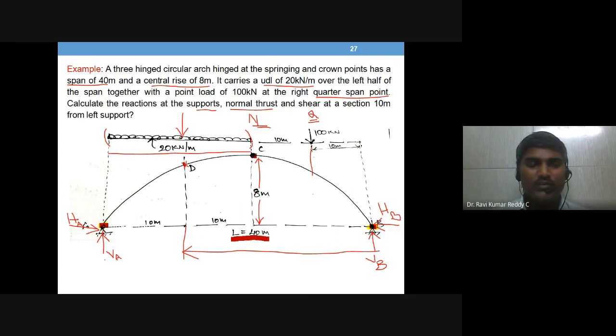So you can see the directions. This is going to cause clockwise moment VA. Then UDL is going to cause anti-clockwise. 100 is anti-clockwise. And HB and VB are acting at B, hence you don't have any moment from those forces.